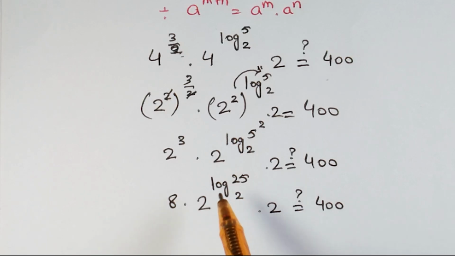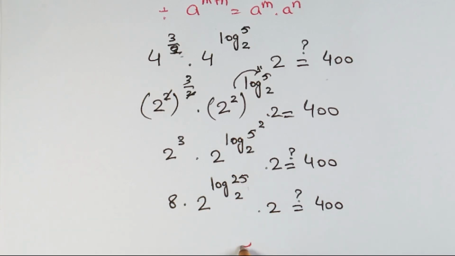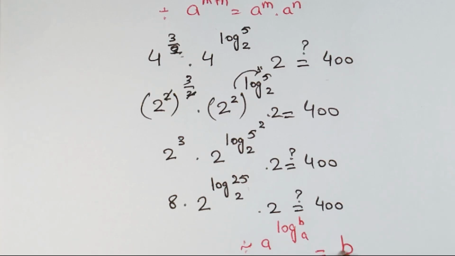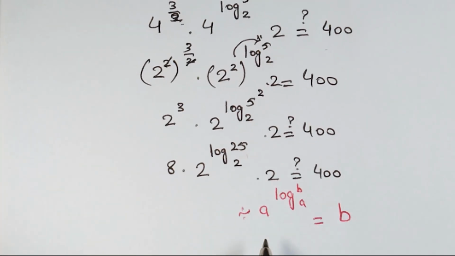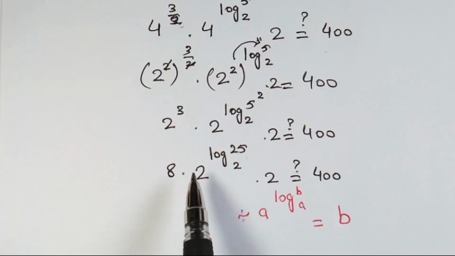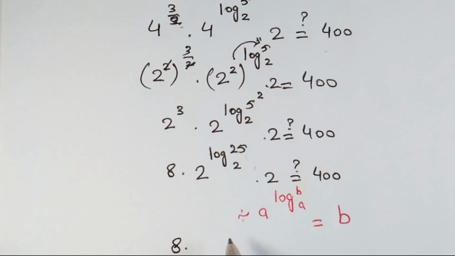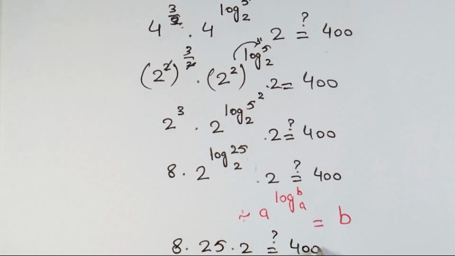So now we will use the rule a power log base a of p is equal to p. So we will apply this law on this part of the expression, and we have 8 into 25 into 2 is equal to 400.